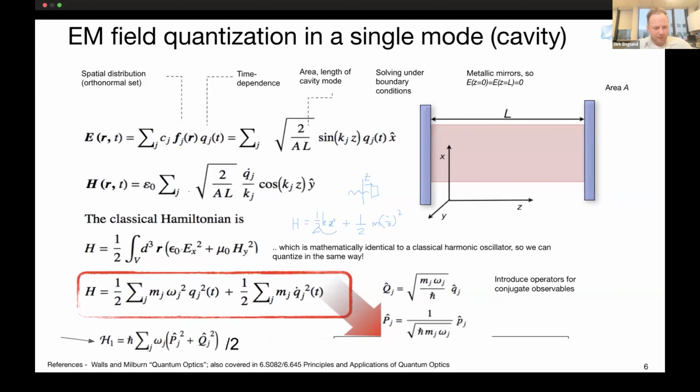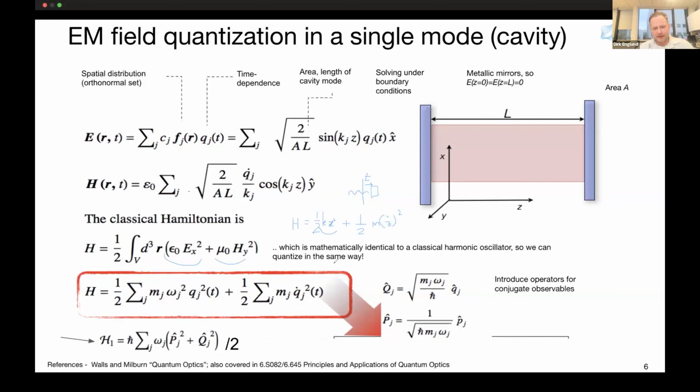And so these terms have the same mathematical form as the harmonic oscillator. Previously, in quantum mechanics, people had quantized the system of a harmonic oscillator.